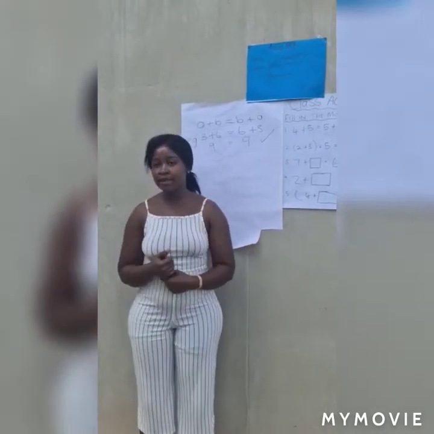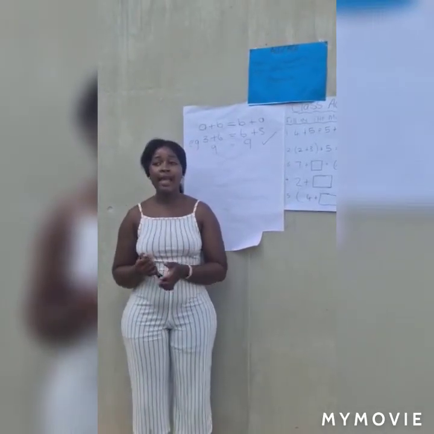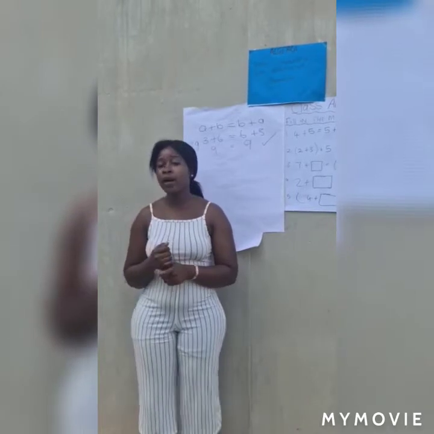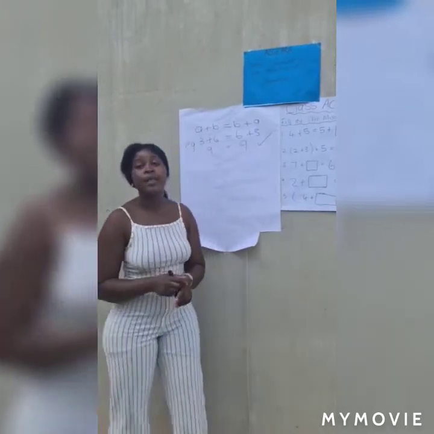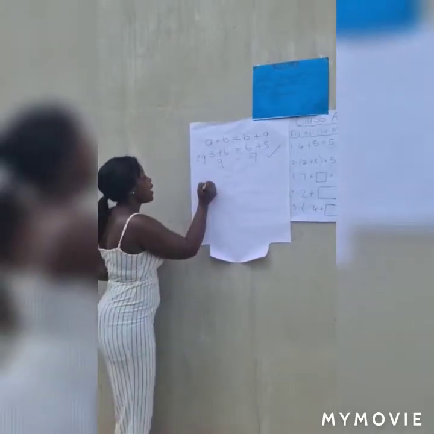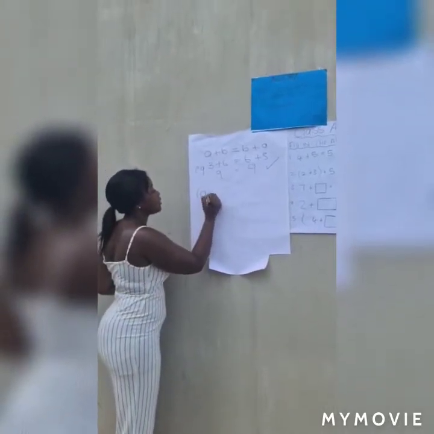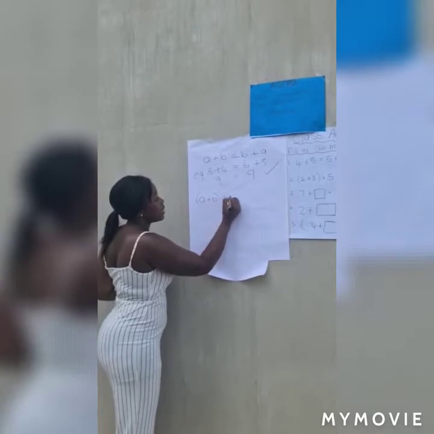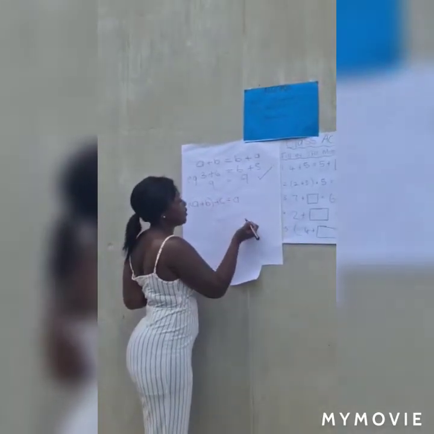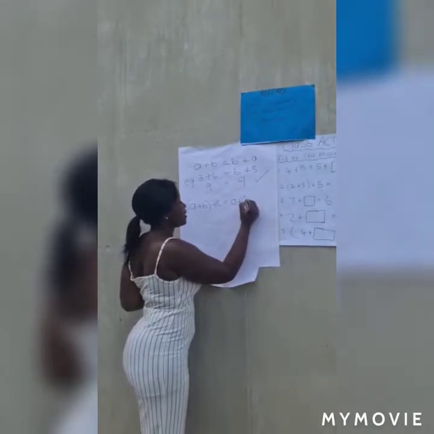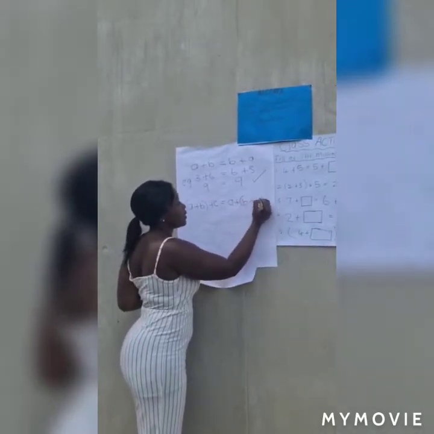Associative properties state that you can add numbers regardless of how they are grouped. It doesn't matter how they are grouped. This means that (A plus B) plus C is equal to A plus (B plus C).